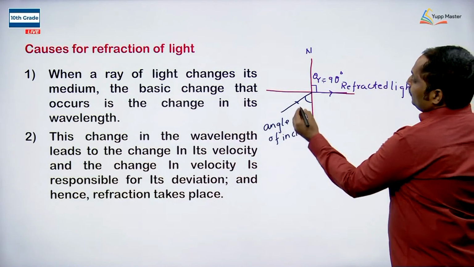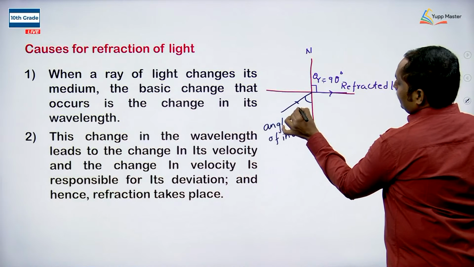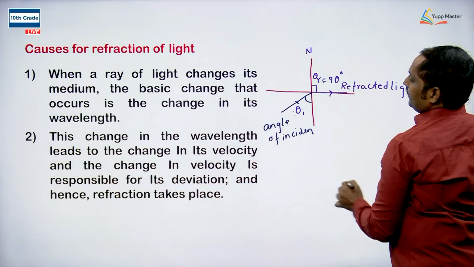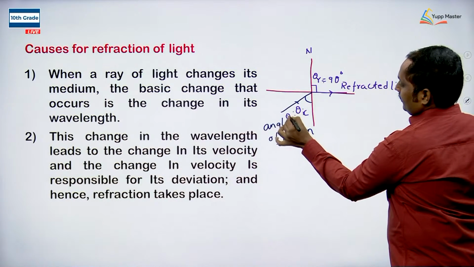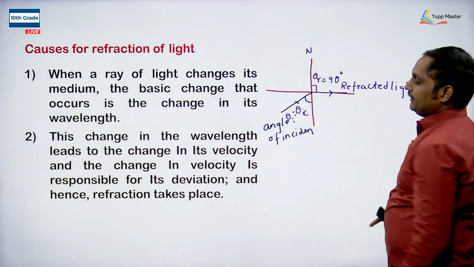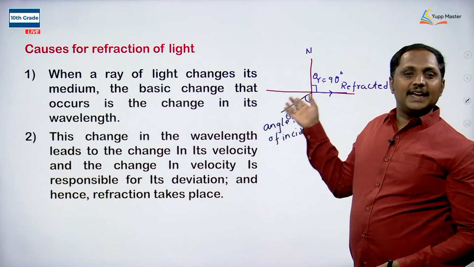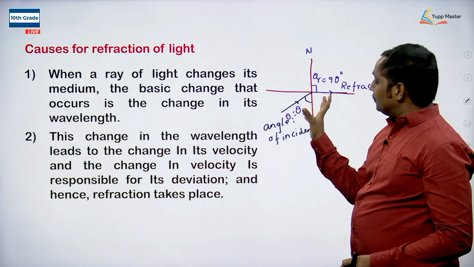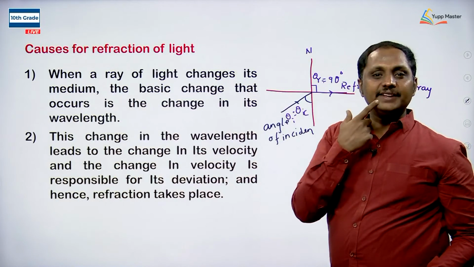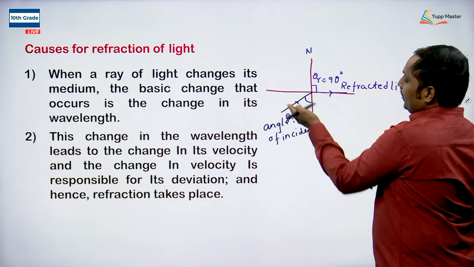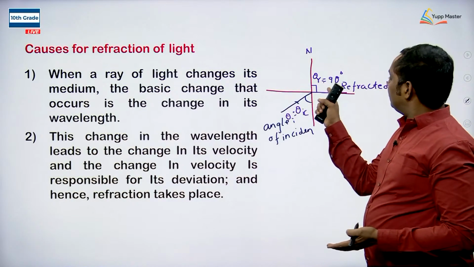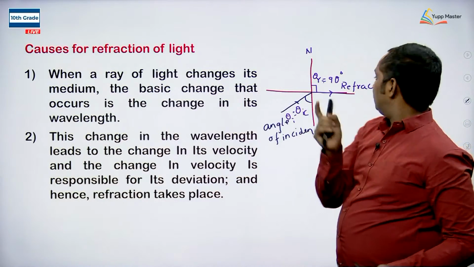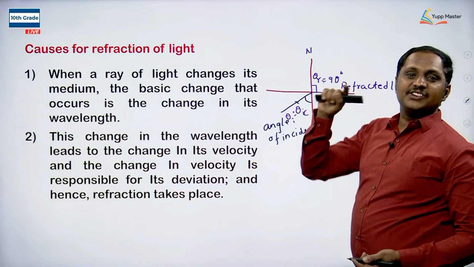Then only you have to confirm that, theta I is known as theta C. Theta I is equal to theta C. Please have a look. When you incident the light ray from one medium to another medium, by changing the angle of incidence at a particular angle, you will get the angle of refraction 90.